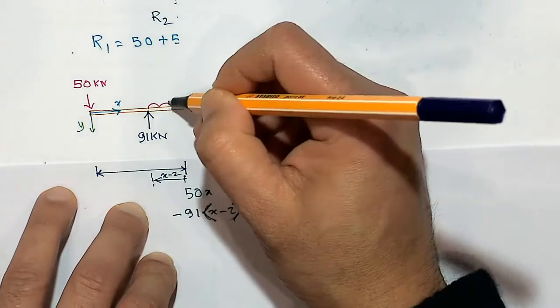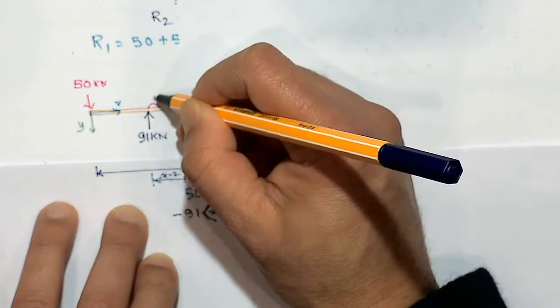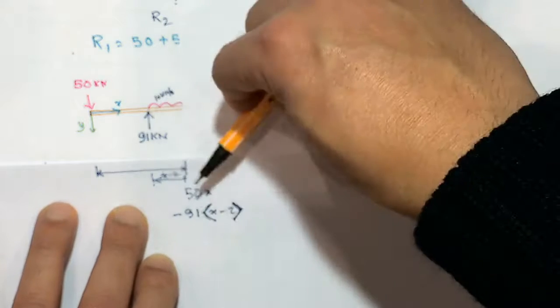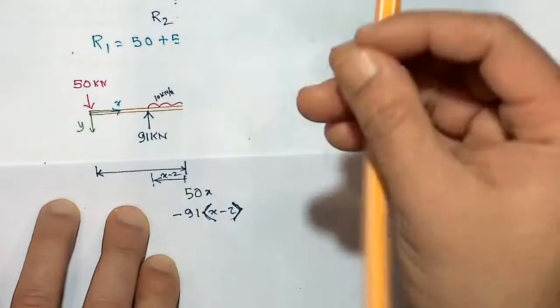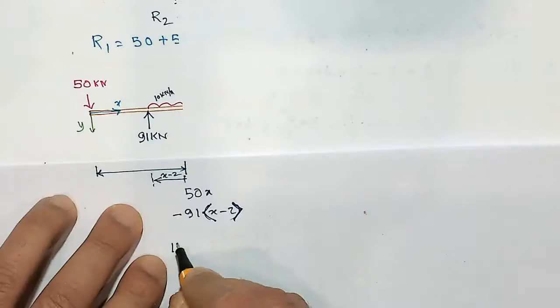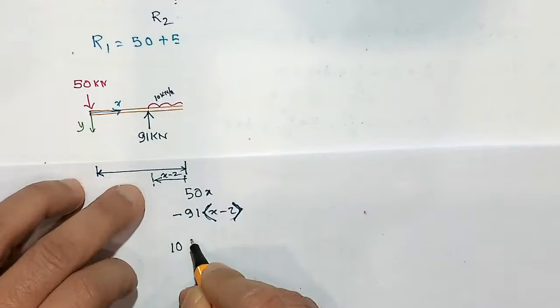And I also have this load now, which is 10 kilonewton per meter, and that is creating a sagging moment. So I have to consider this. The total load for this is 10 kilonewton times x minus 2.